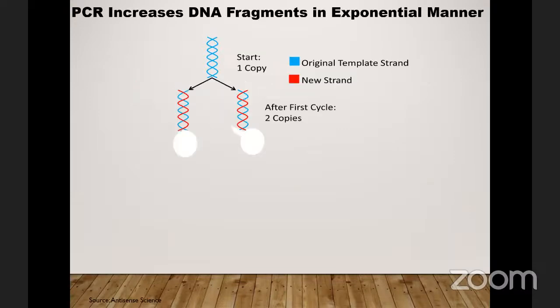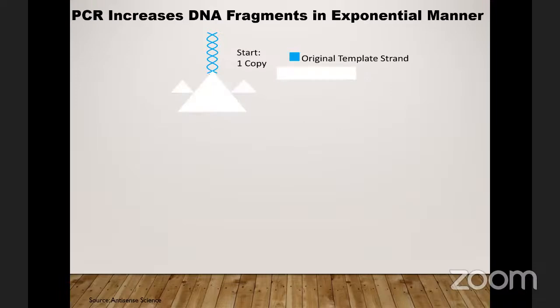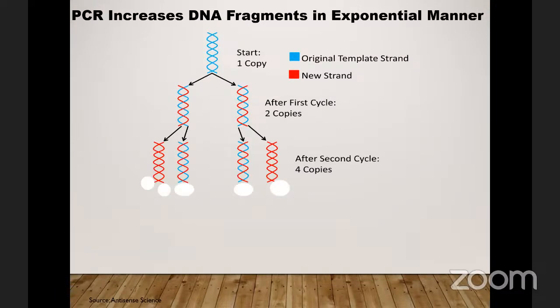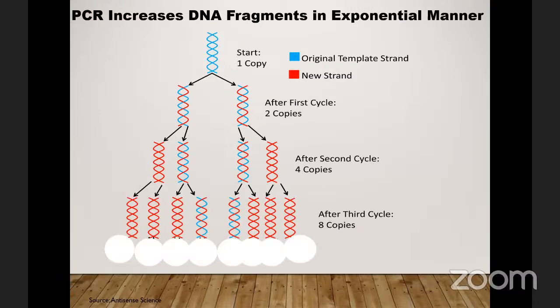Okay, so this is just showing how PCR works, the exponential increase in the original template. You have one copy starting it. You can see the original strand, the original template in blue, while the new strand is indicated by red. So it started with one copy. Next slide. And you can see how it continues to increase. So after every cycle, you are going to be having double of what you had from the initial cycle.